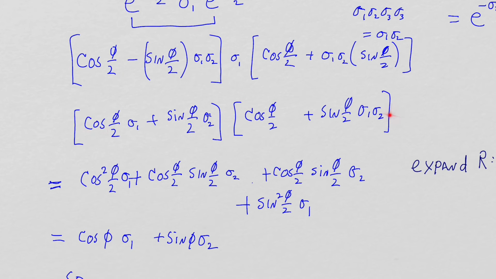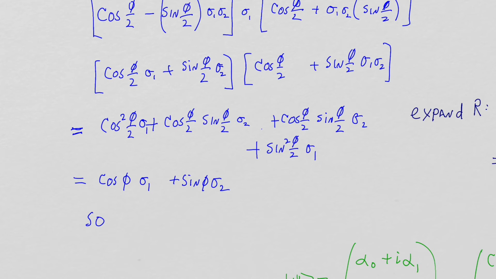And then you have this product to execute, and this is just cosine phi over 2 sigma 1, cosine phi over 2 sine phi over 2 sigma 2, plus this cross term. You have these two cross terms, and then you have sine squared. The two cross terms, how did we do this? Oh yeah, we just jump into trigonometric relationships, right? The cosine squared and the sine squared of phi over 2 together.